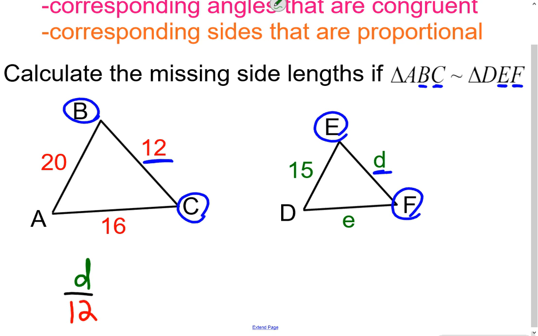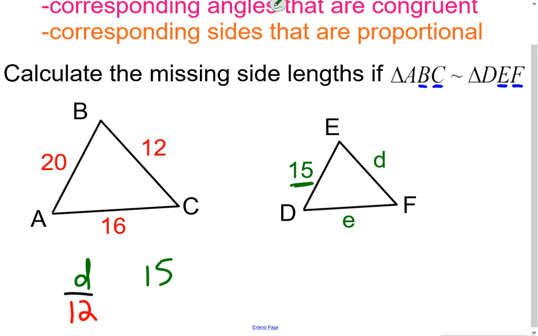Now I just have to find another set of corresponding sides in my two triangles. So I'm going to get rid of all of this. And then I like to go back and pick a number that I actually know is a length, and that would be our 15 here. Then I have to find that corresponding side to the 15.